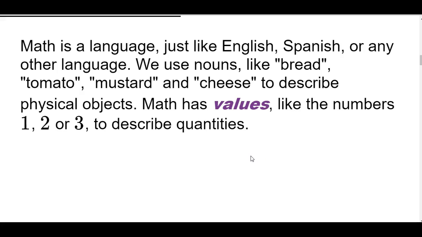So if we said something like bread, right, this would be something we're describing, right? The bread tells us what the meaning of the thing is that we're talking about. And math doesn't use nouns. It uses values. It gives us a quantity, a number describes a quantity.